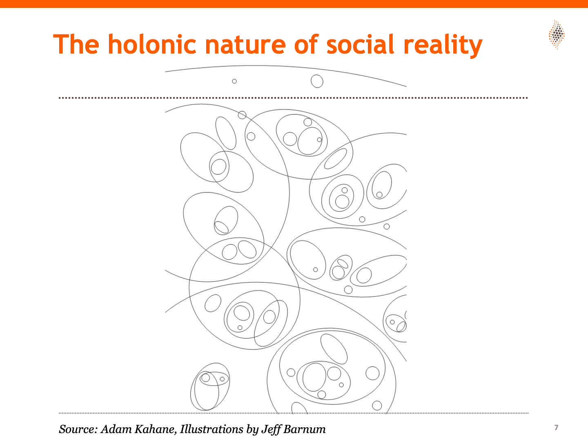So I'll pull up here a little diagram that is another representation of the work we've been covering in the first 2 lessons, which is called the holonic nature of social reality. And it's a reminder that systems are subsystems of bigger systems. So all these circles and blobs are within other bigger systems.